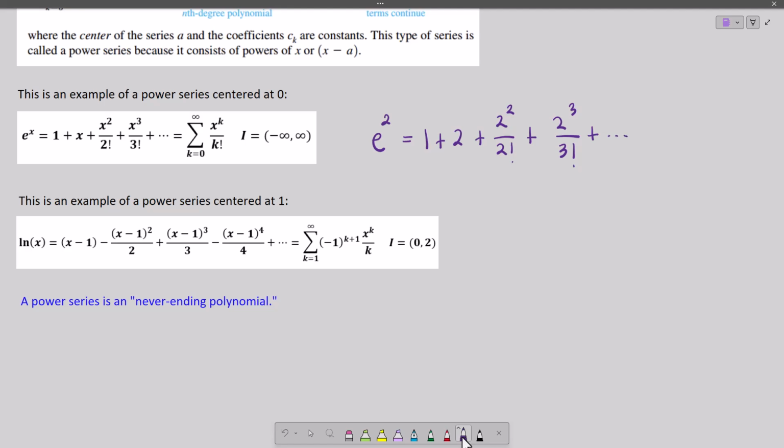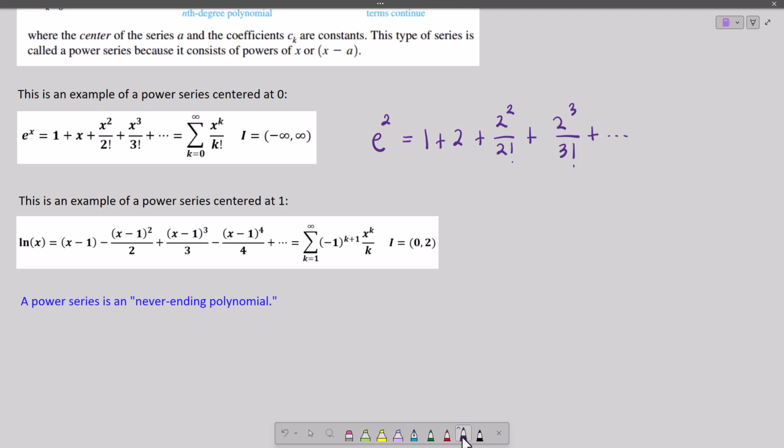If you want just e to the 1, just replace all those x's with 1. And you will have an infinite series of numbers that adds to that value. If you want the square root of e, what are you going to replace the x with? 1/2. If you turn all those x's into halves, that will be an infinite series that represents e to the 1/2 or the square root of e.